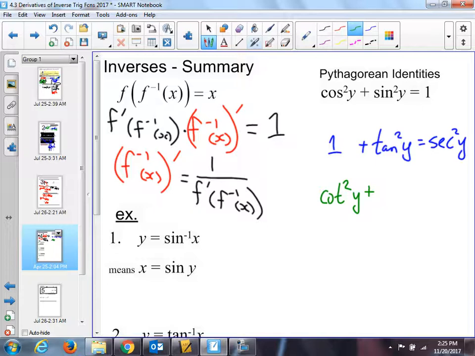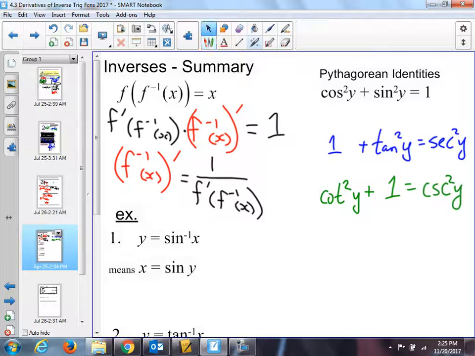Sine squared y divided by sine squared y is 1. And 1 over the sine squared is the cosecant squared of y. Right? Now, that's just setting you up with some skills. You should have those identities memorized, as well as obviously the quotient and reciprocal identities. If you have that, you're good for all.